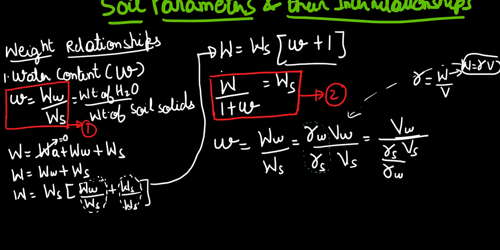Now this particular thing is nothing but specific gravity of soil solids. Or I can say solid specific gravity, true specific gravity, or absolute specific gravity. Also, what I do is I multiply numerator and denominator by VV.